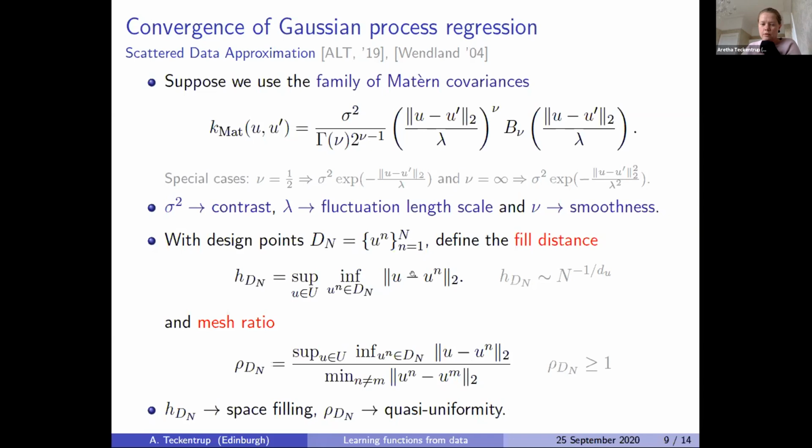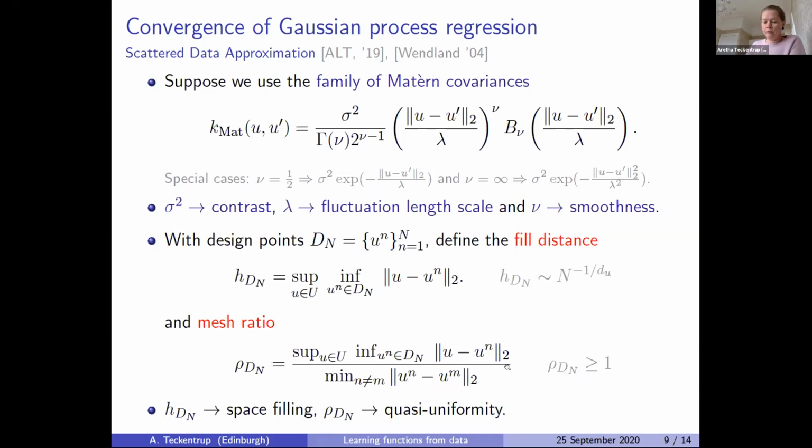So this is the same thing here. And then in the denominator, you have the minimum distance between two design points. So in a way, you have in the numerator the maximum distance between points, and in the denominator the minimum distance between two points. And so this rho n really measures whether the minimum distance and the maximum distance between two points go with the same rate in n, so whether you have a quasi-uniform mesh.